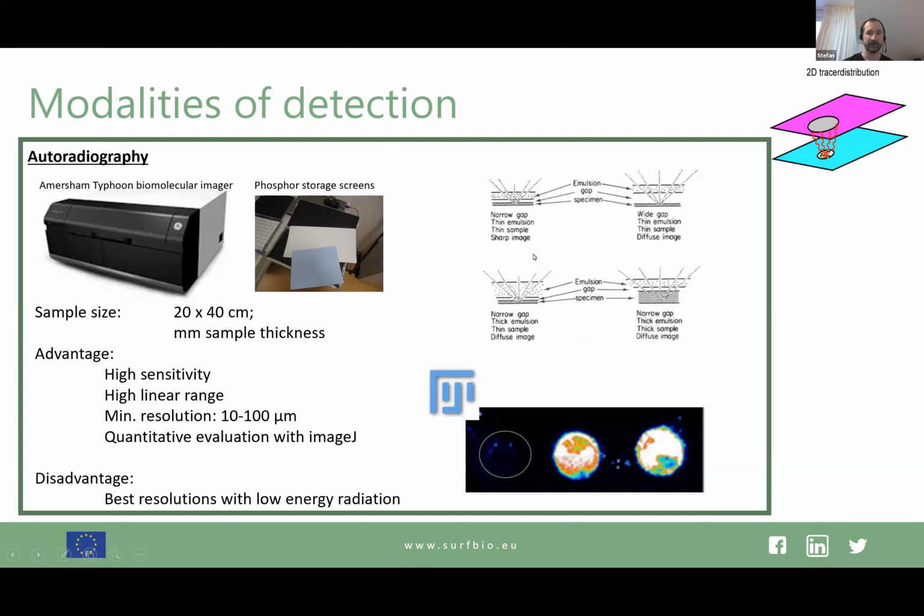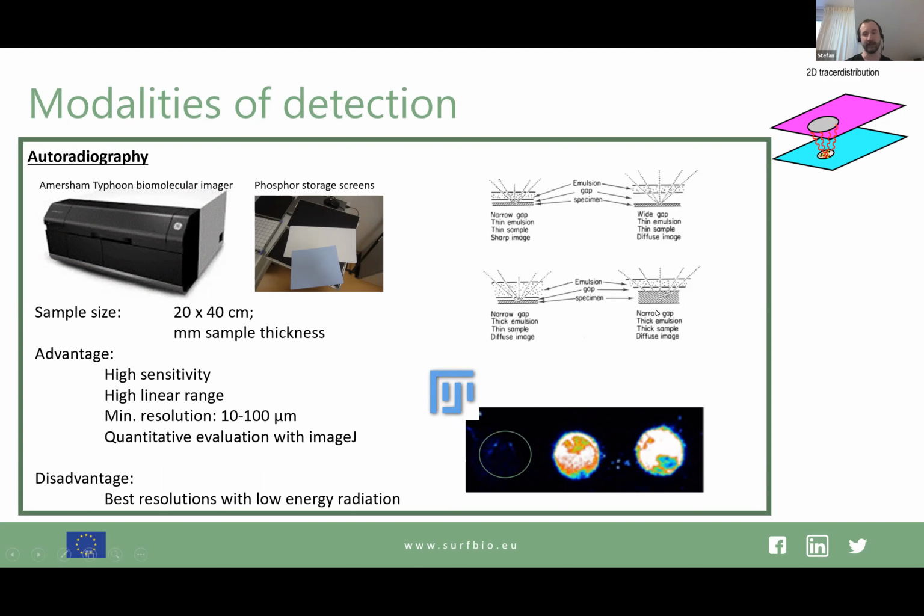Also, of course, the thickness of the screen itself can be of importance. So I cannot tell you the specific resolution. That depends really on your sample, on the radionuclide that you use, basically on everything.